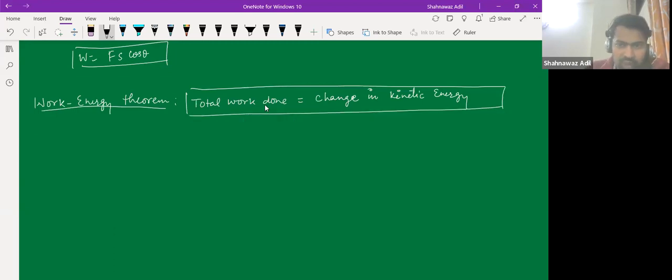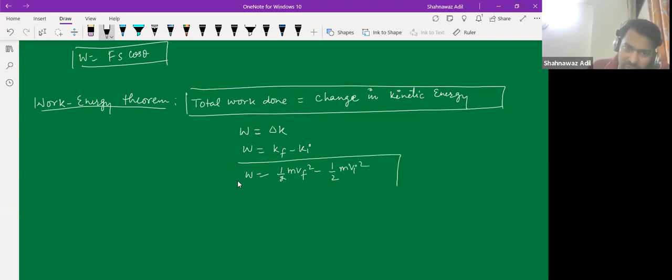Work done is delta K, where delta K is K final minus K initial, and where K final is half m v final square minus half m v initial square.